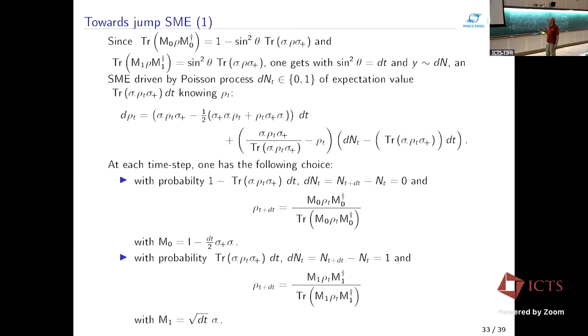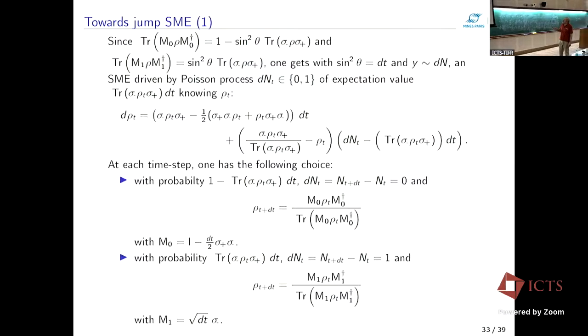When sine theta is small, the probability to detect 0 is almost 1, and the probability to detect one photon is small. Then the scaling is now very similar.